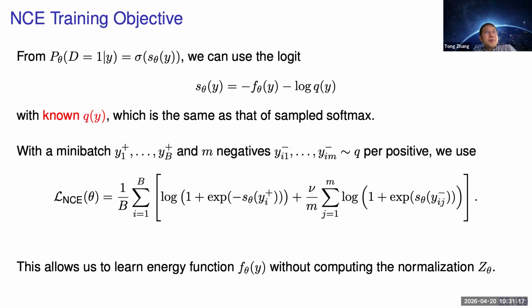This allows us to learn this without computing the normalization. So this is the whole NCE derivation. Basically, you use this logit and try to learn a logistic loss. That is basically the NCE loss, the binary cross entropy loss.